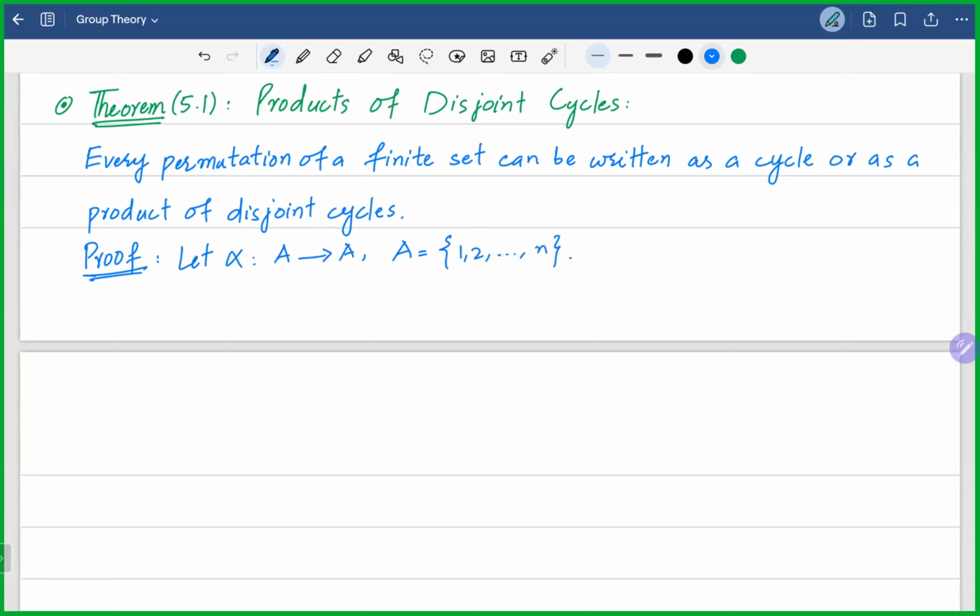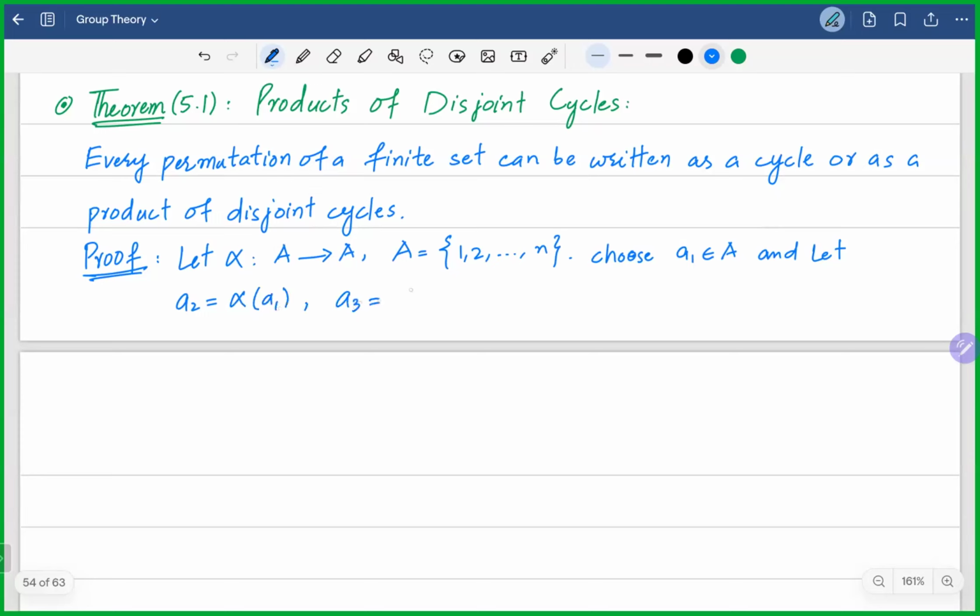To write alpha in disjoint cycle form, we start by choosing a member of A, say A1. So choose A1 from A and let A2 be alpha of A1.